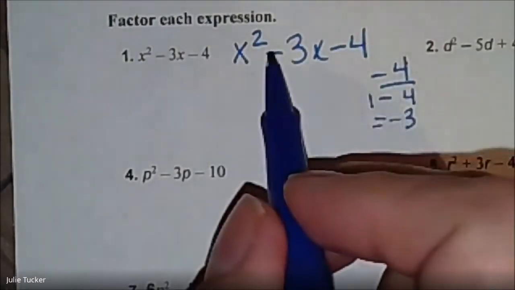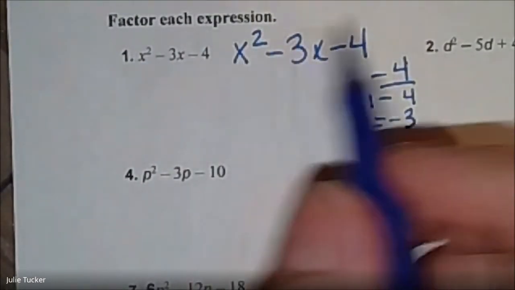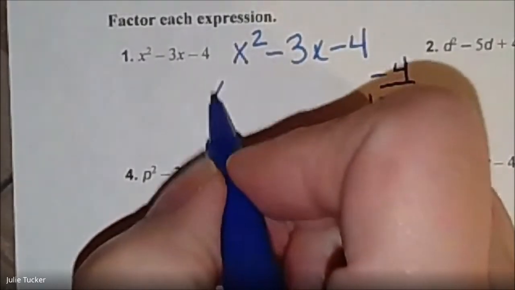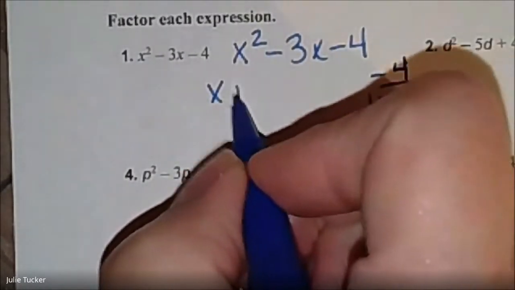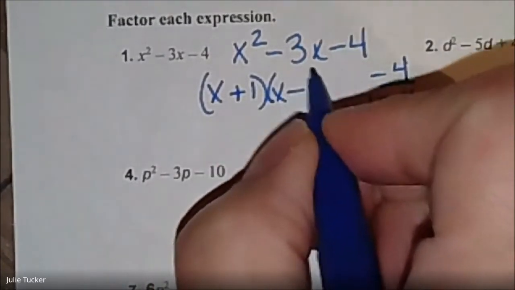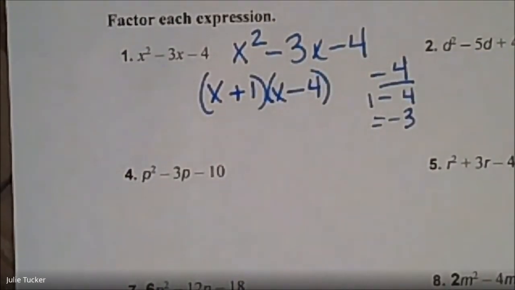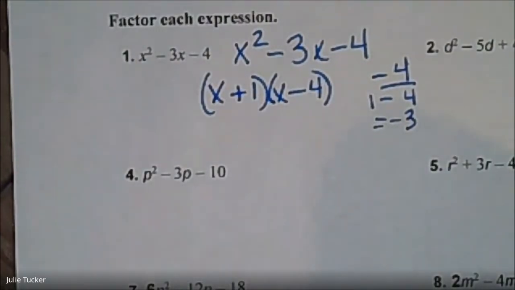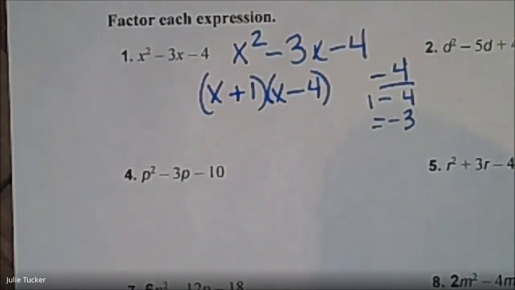So that's what I needed because my middle term was -3. So this is the answer. So this is x plus 1 times x minus 4. Done. All right, let's go to the next one.